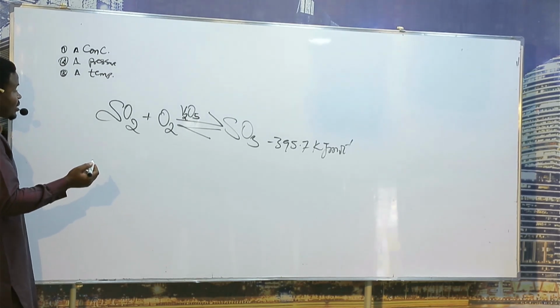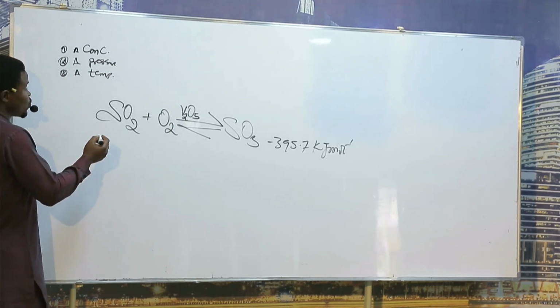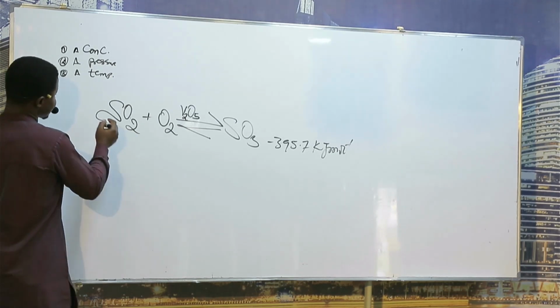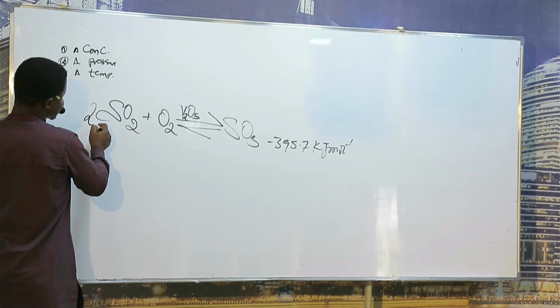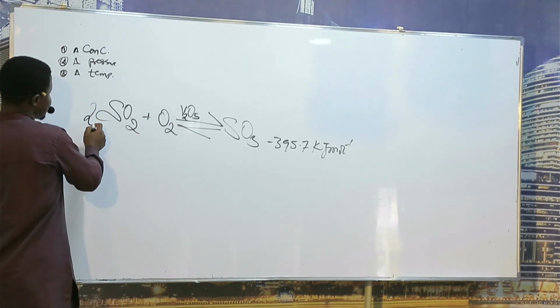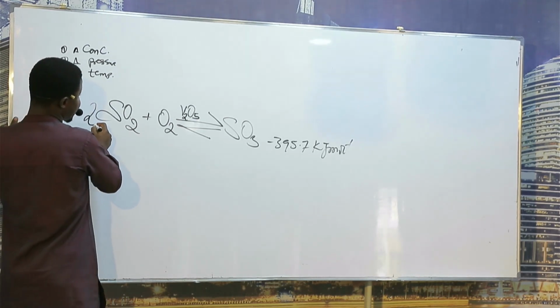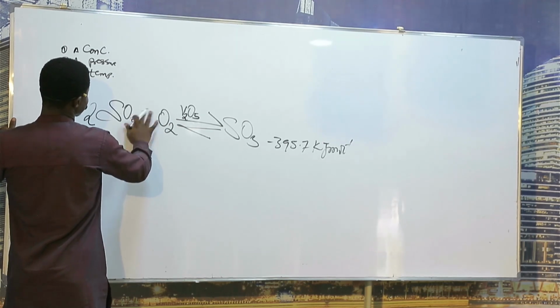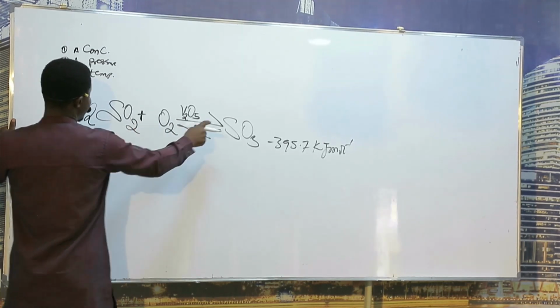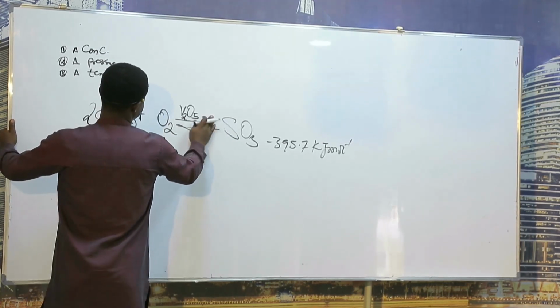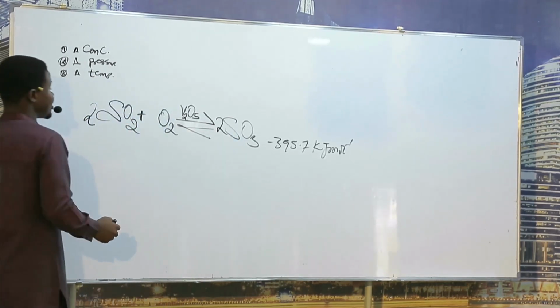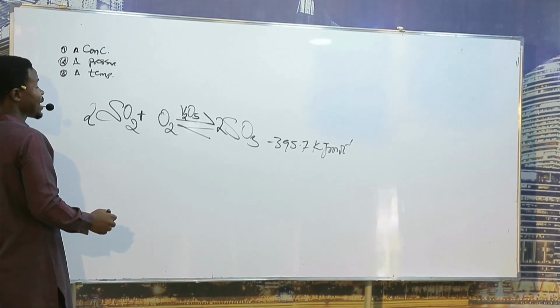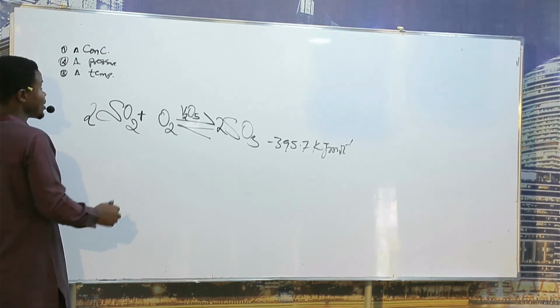Okay, can we balance this? Should we put 2 here? Is it balanced? No. Put 2 here. Still not balanced.